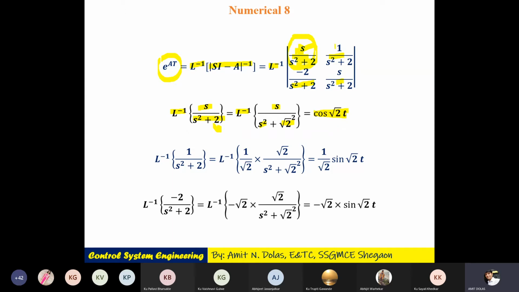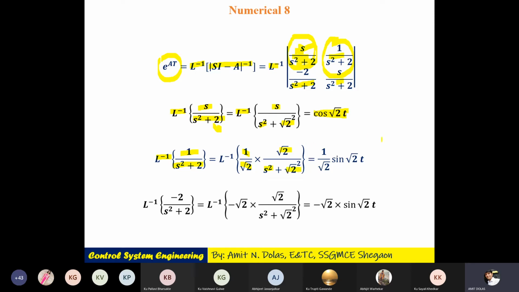Let's go for the inverse Laplace transform of this, 1 by S square plus 2. Again I need the same form. So what I do, I will adjust this. I multiply and divide by root 2. So 1 by root 2, it will be root 2 upon S square plus root 2 square.